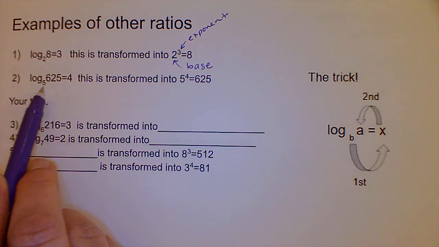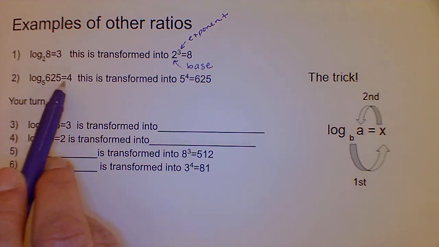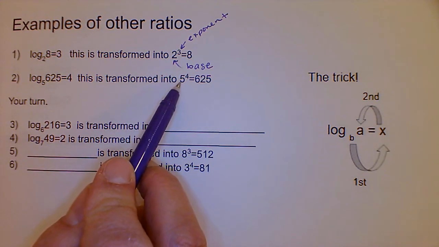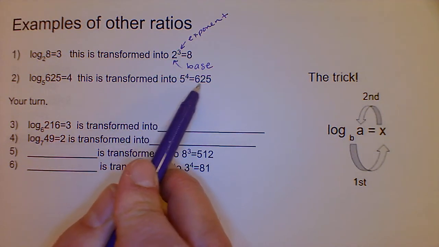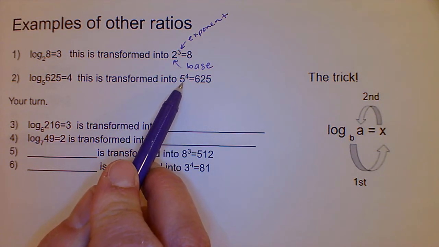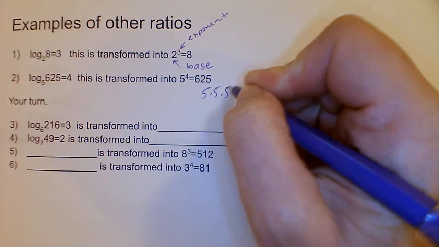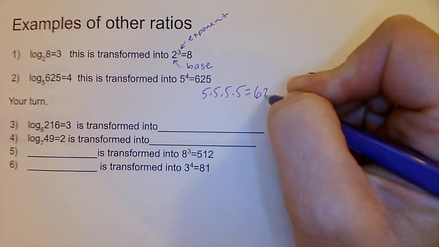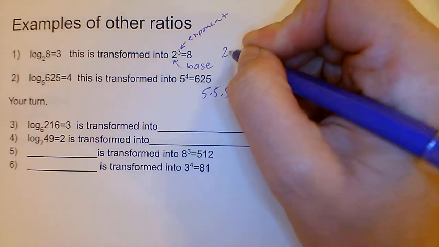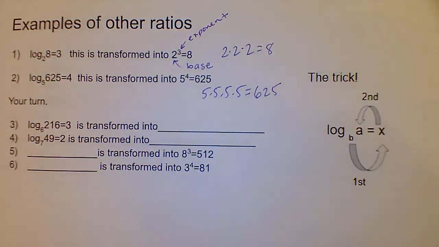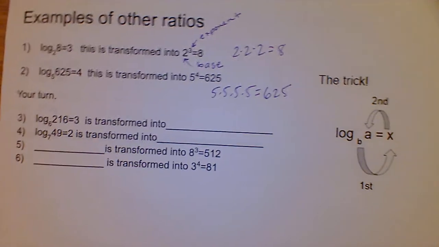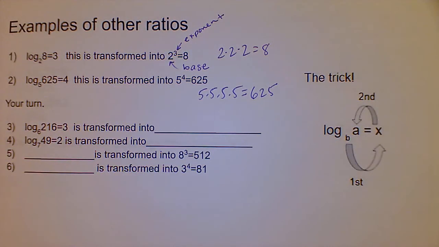Log base 5 of 625 equals 4. This is transformed into 5 to the fourth equals 625, which is true if you did 5 times 5 times 5 times 5. That is going to give you 625. Here, if you did 2 times 2 times 2, this is going to give you 8. It's just how many times we multiply to get that number.